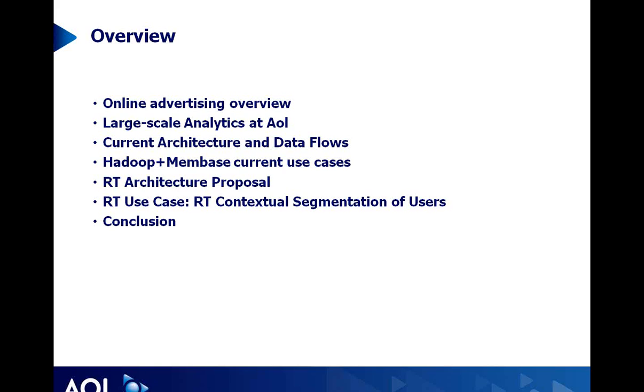We'll then overview the evolution of architecture and data flows over the past 4 years and how the present platform came to be. We'll focus on how the major pieces of architecture map into major goals of the large-scale analytics mission. And after the overview of the architecture, we will be ready to overview current use cases of Hadoop and Membase.